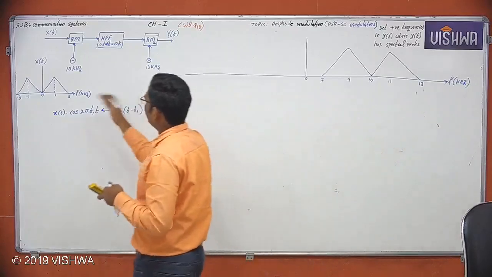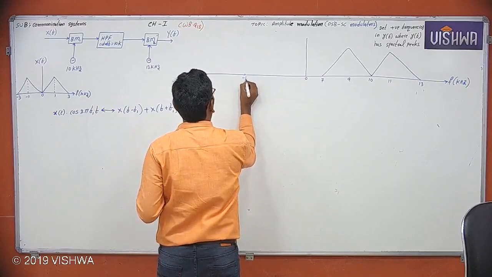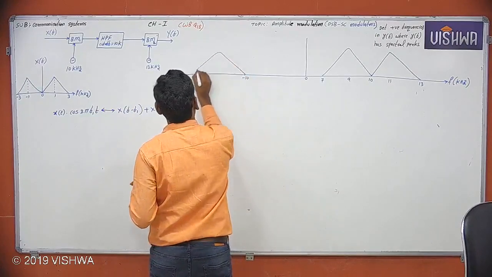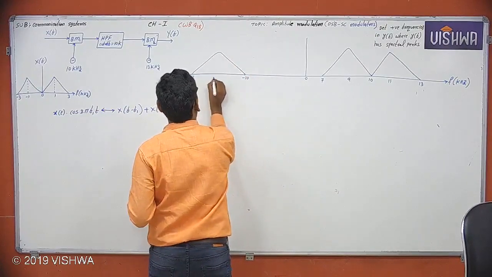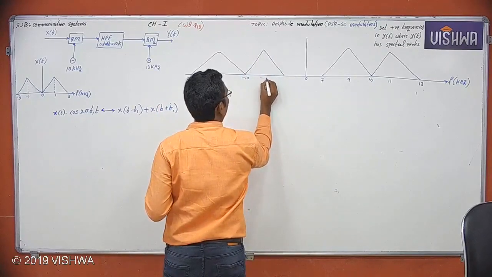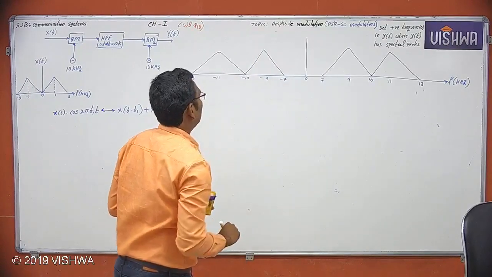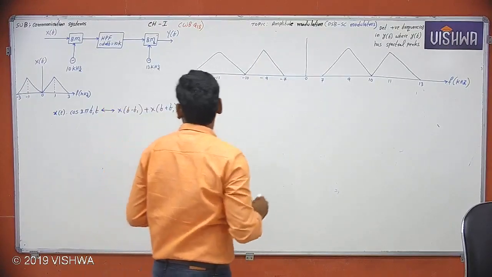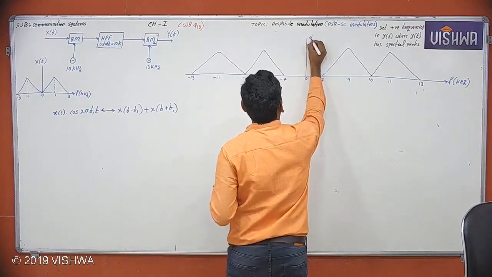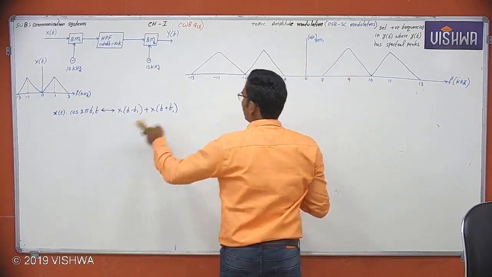Again this is shifted to the left side also. This is minus 10, minus 13, minus 11, minus 9, minus 7. Now this is the output of balanced modulator 1, by the frequency shifting property.